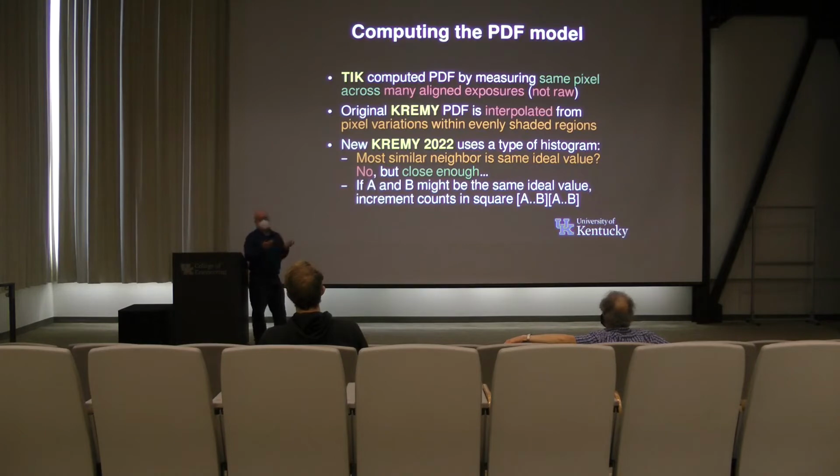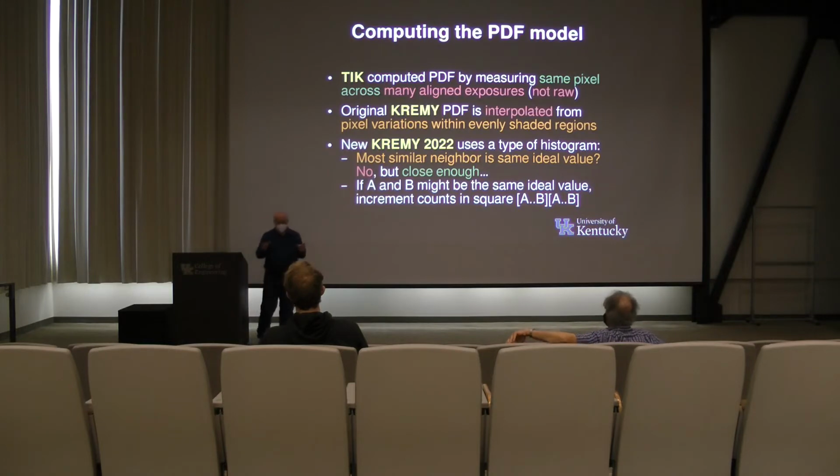That was fine. The only problem is, what if your scene doesn't have a whole lot of patches of solid colors? Then we don't get a good model, right? So the new version of Creamy, which is really what I'm talking about here, what we do is we take that a little step further.